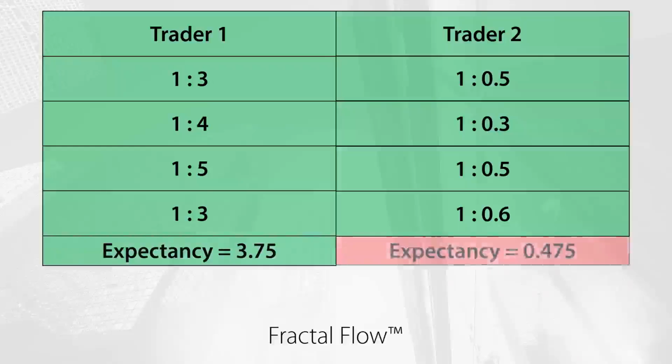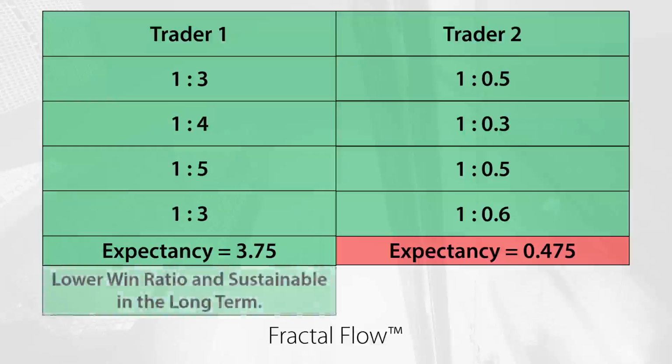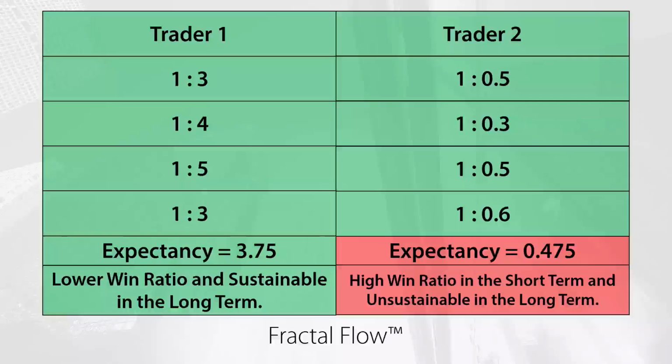Notice that in Table 1, the strategy uses ratios that range between 1 to 3 and 1 to 5. In Table number 2, the ratios are below 1 because the trader has no real rules on how to manage risk and basically improvises his stop and target decisions based on instinct, which is a really bad idea as we will study later in the trading psychology section of the course.